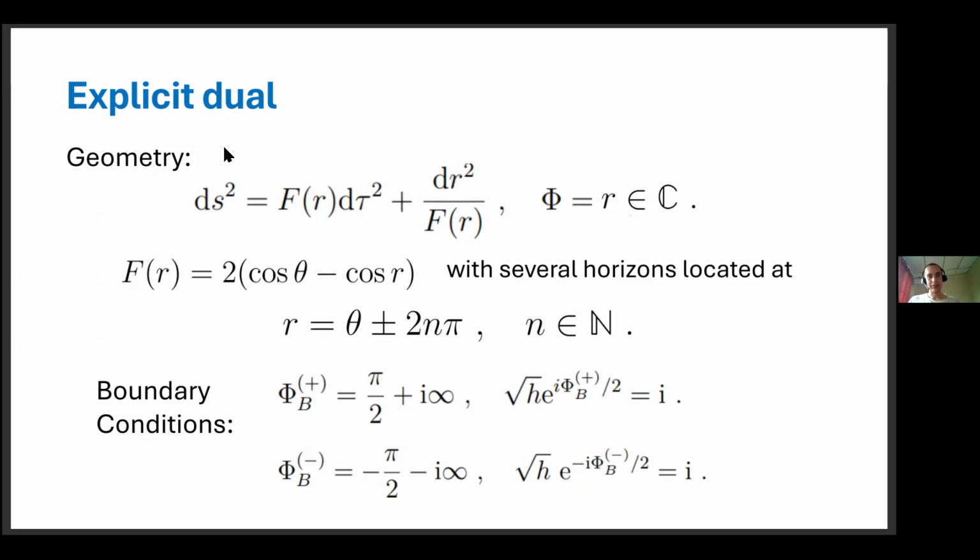The explicit geometric dual for this sine-dilaton gravity theory is given by this type of geometry. You have this blackening factor. You can see the degeneracy of the horizons where this goes to zero, and then you have different saddle points that you should in principle account for in the path integral computing the different quantities.